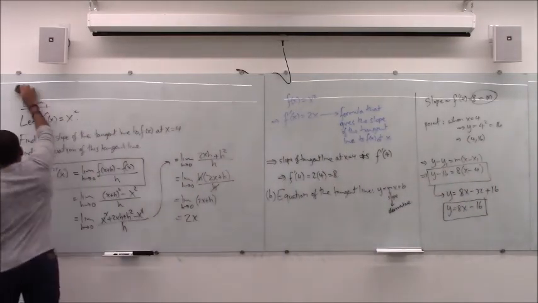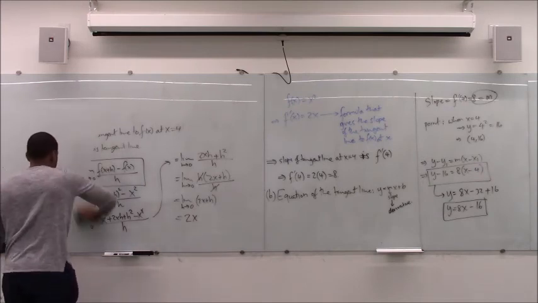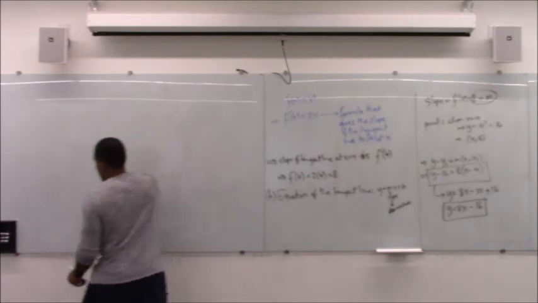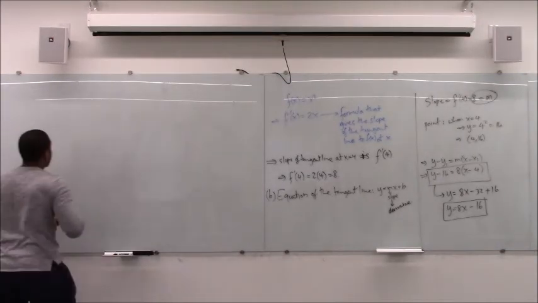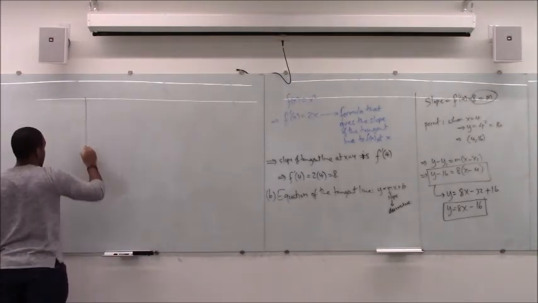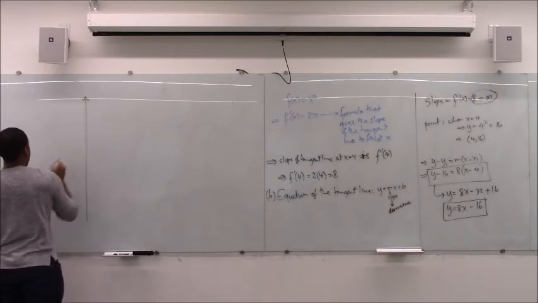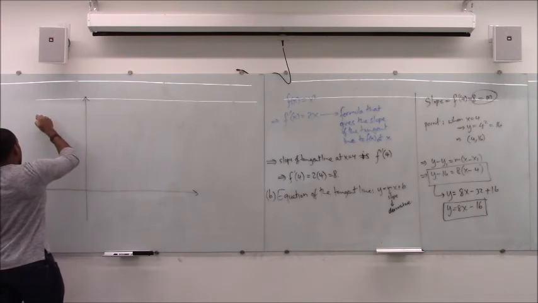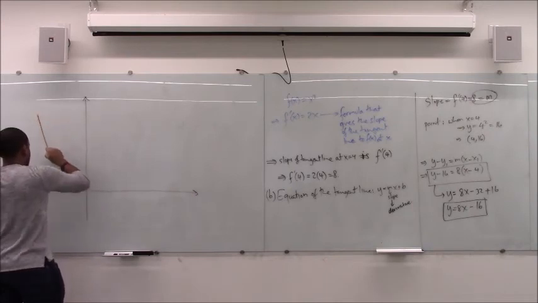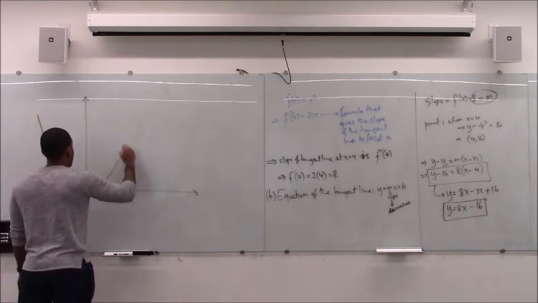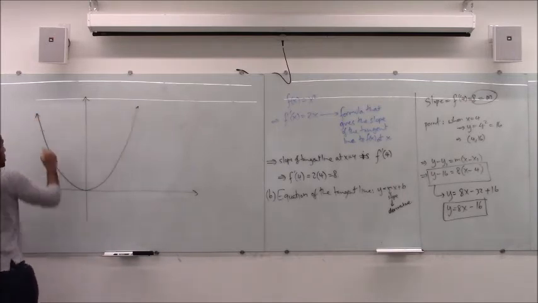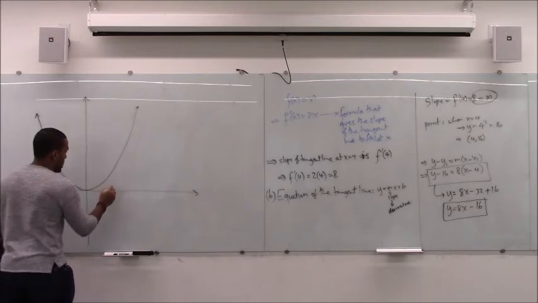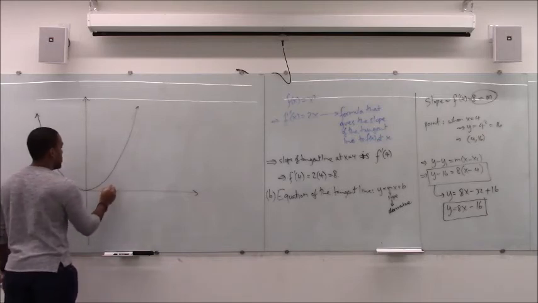So basically, we have our graph here to actually just see what's going on. So we have y equals x squared. And someone asked, okay, let's say x equals 4, right?